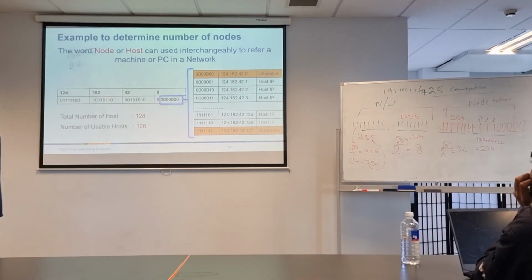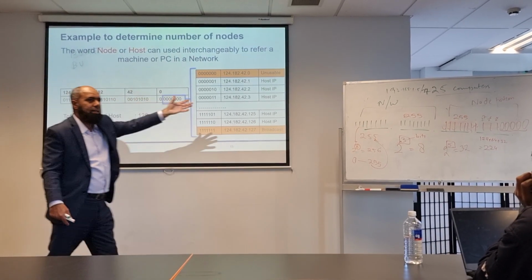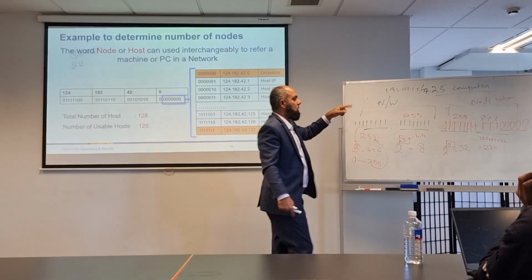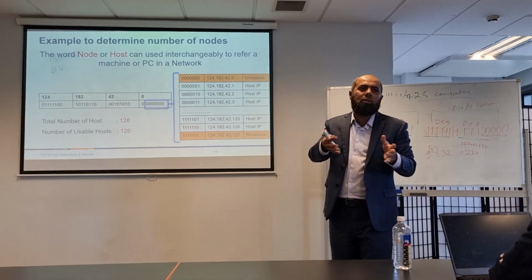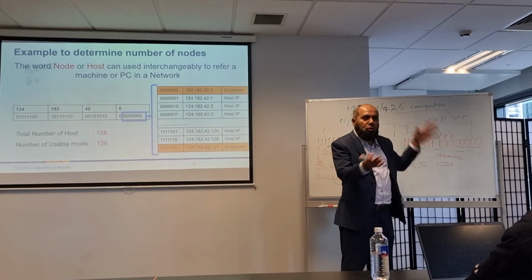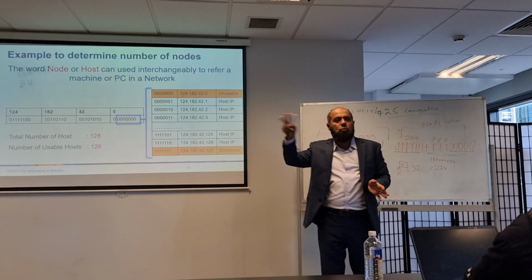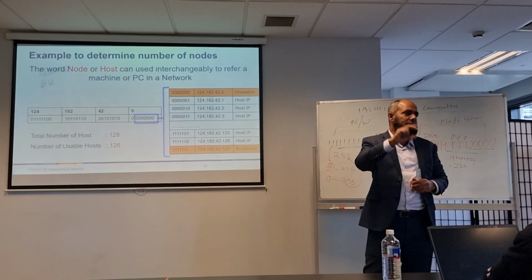For our example, if 25 computers are needed in a network, I have the option of 2 power 5, which is 32. So 25 plus 2, I'm organically using 27 only, and out of 32, I have 25 computers accommodated. Two are the ones which I can't use: the first IP address and the last one.